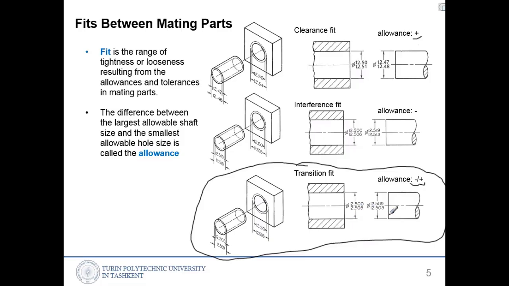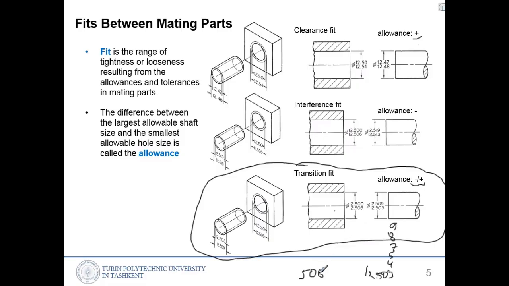So here, if you see, the smallest is 503, but here the biggest is 506. So there is still a gap. Say 12.503, 4, 5, 7, 8, and 9, and here 5 or 6.